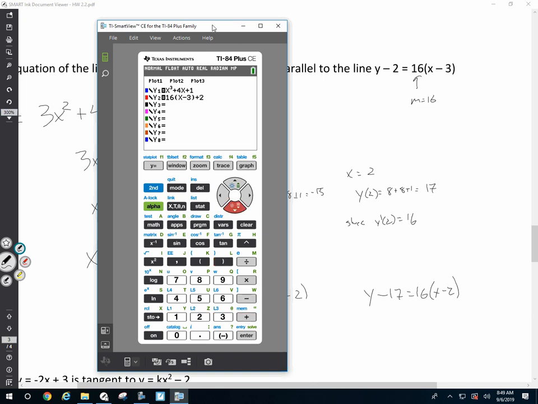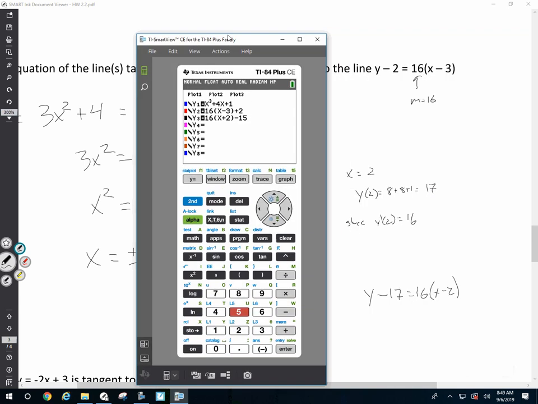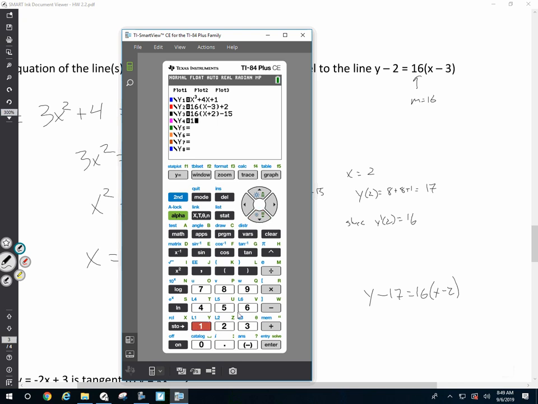I got my tangent line. So my tangent lines will be in black and pink. 16 x plus 2 minus 15 when I solve this equation for y, and 16 x minus 2 plus 17.